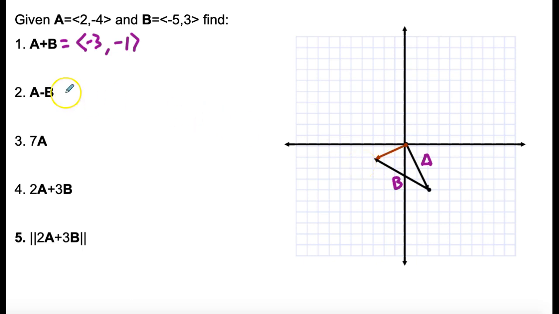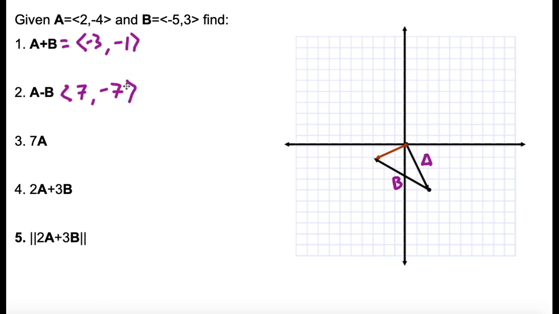All right. So if we're doing a minus b, I would take 2 minus negative 5. So 2 minus negative 5 is going to be 7. And negative 4 minus 3 would be negative 7.